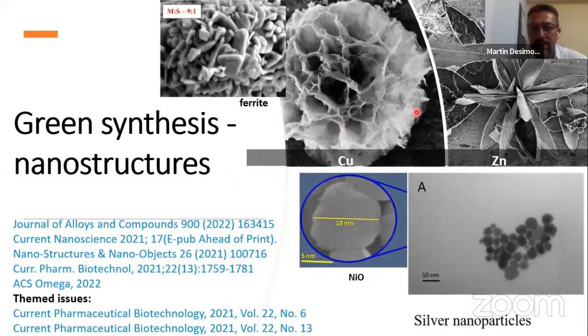We can prepare very nice nanostructures, very useful for catalysis, drug delivery, antimicrobial effects, and other effects. Also, with Professor Chowdhury, we prepared 2 different special issues for the journal Current Pharmaceutical Biotechnology with a good number of reviews about this field. So this is a very interesting field for coming years.